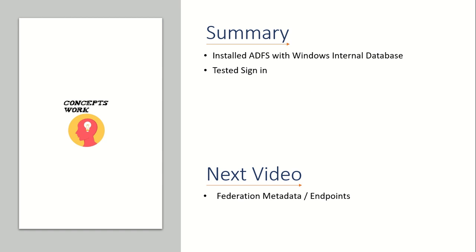We have talked very briefly about endpoints. But in the next video, I'm going to give you deep dive information about what federation metadata is, what information you can find inside federation metadata, how applications use federation metadata to send authentication requests, and then we'll also talk about endpoints.